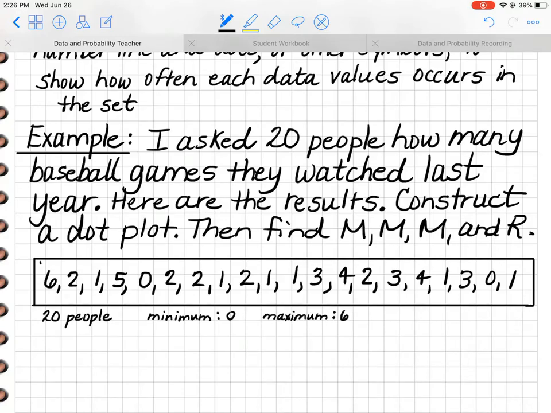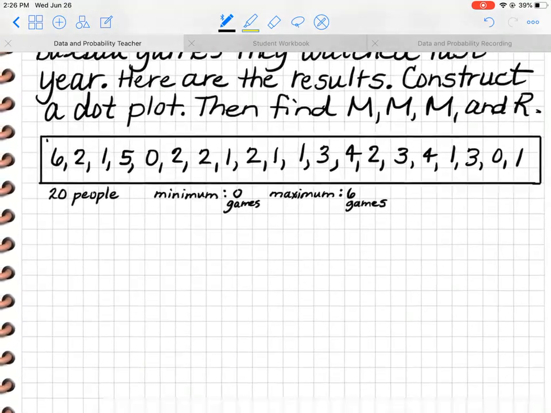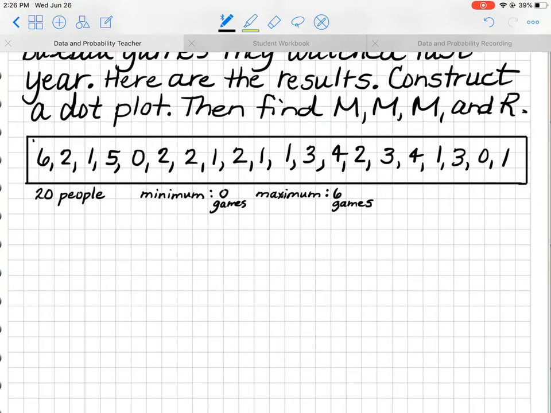I always want to know my minimum and maximum numbers because that will help me to draw my graph. So the minimum was 0 games, and the maximum was 6 games. So when I go to draw my graph, I only need to cover that space. I don't need to go all the way to 100 games because nobody watched that many games.